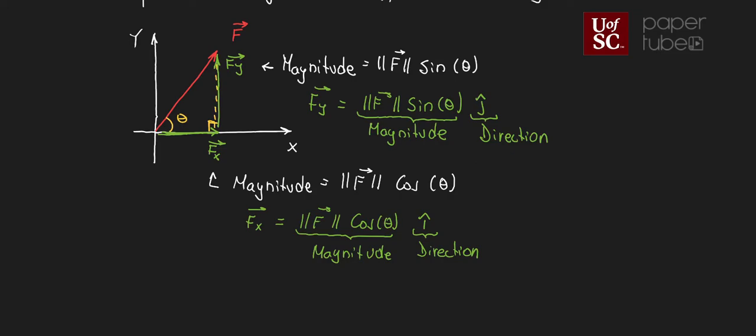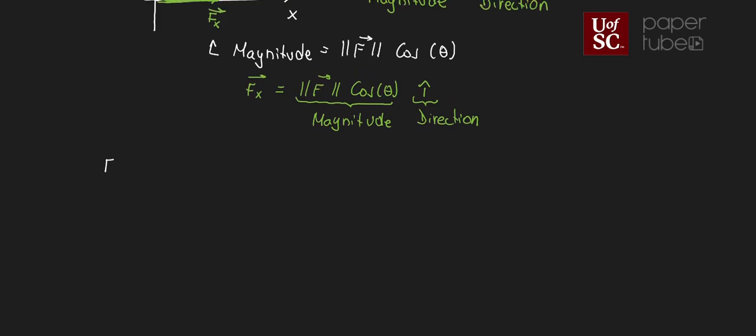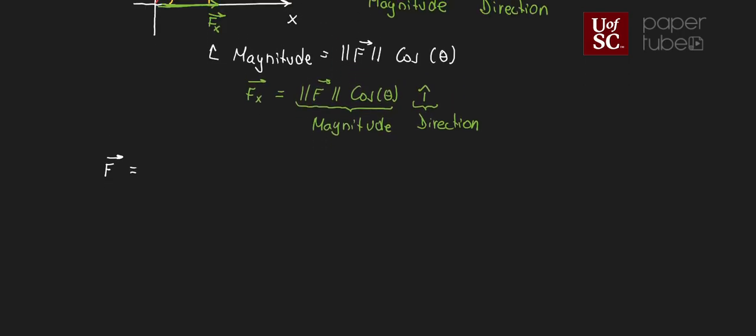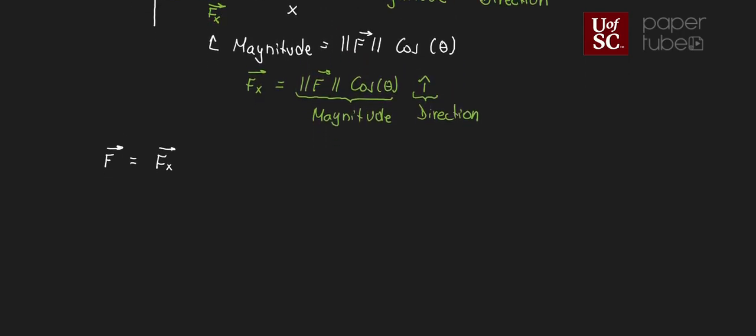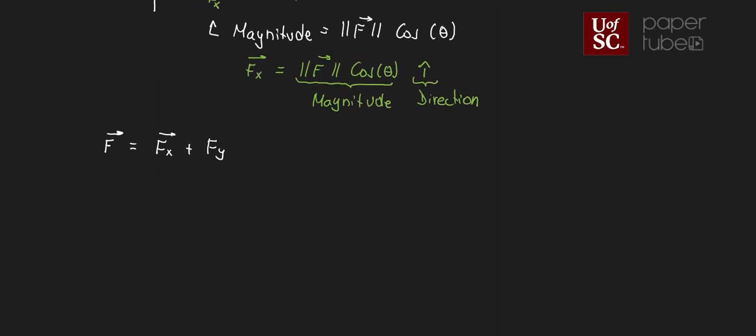We can say that F is Fx plus Fy. And since we have all of those written in terms of magnitude and direction, I can finally write the whole thing down. My F is Fx plus Fy.